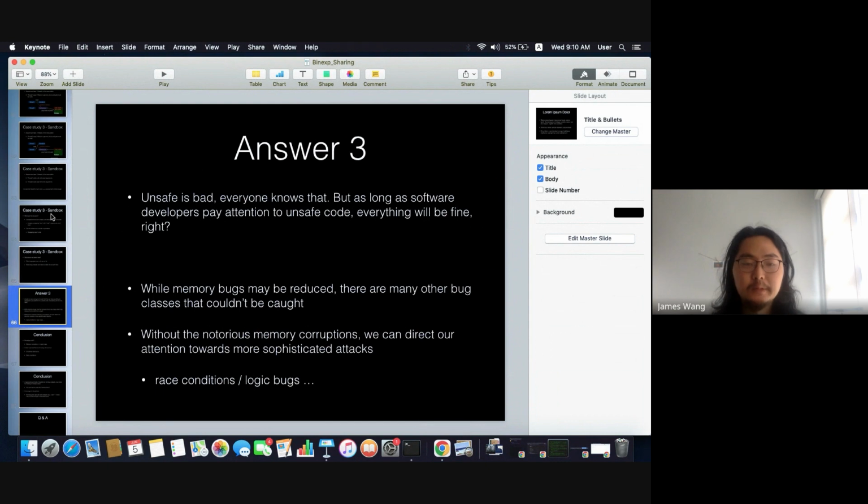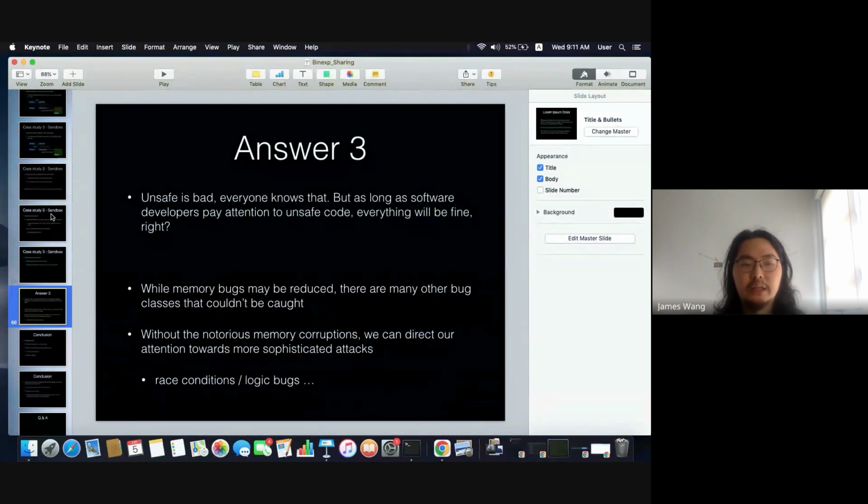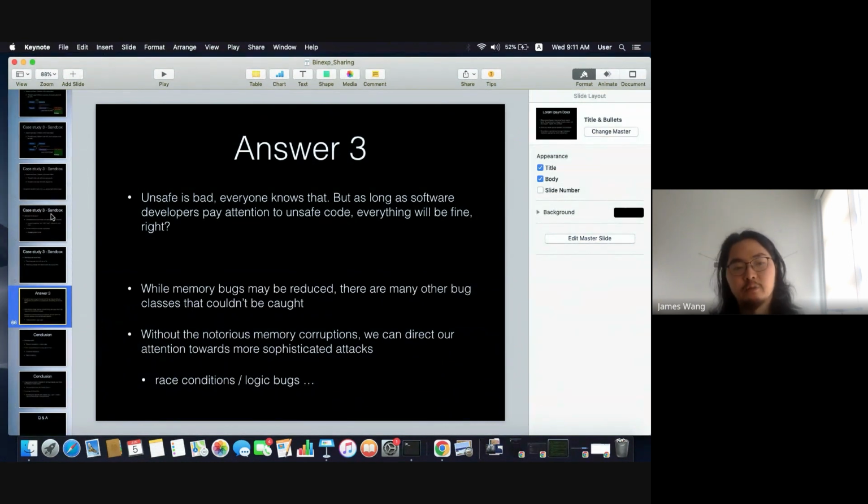Okay, yeah. So circling back to the question, yes, if developers pay attention to their code and scrutinize their unsafe blocks, then direct memory corruptions will probably be rare.